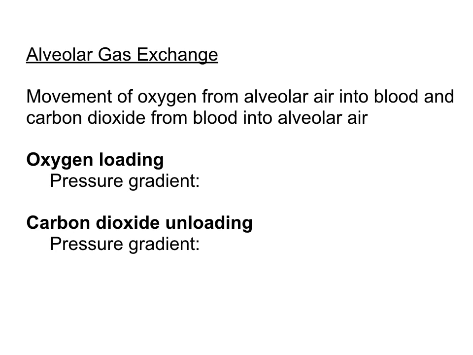Now, with regards to the pressure gradient that's causing this loading, the partial pressure of oxygen in your alveolar air is 104 millimeters of mercury. The partial pressure of oxygen in your pulmonary capillaries is 40 millimeters of mercury.